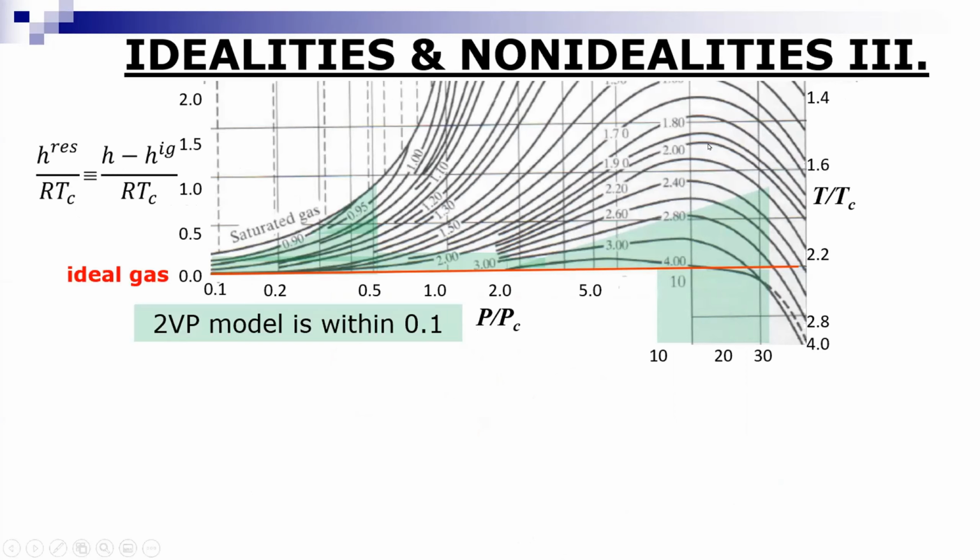And you can see what the curve is like. And the second virial coefficient model is within 0.1 of zero. The second virial coefficient will take you good accuracy up to 0.1 in this region, which is considerable.